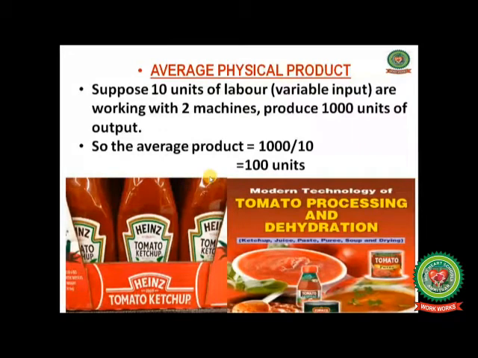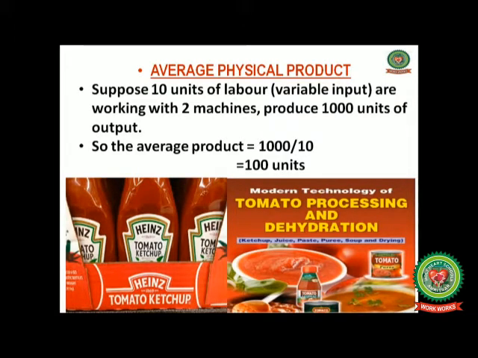Now next is average product. To understand the average product, we will continue the previous example, that is 1000 packs of sauce with 2 machines and 10 units of laborers. Here laborers are our variable input or variable factor. The 10 units of labor working on the 2 machines produced 1000 packets of sauce.